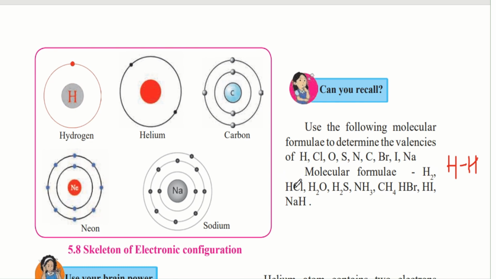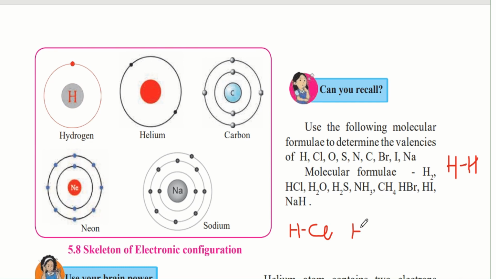Similarly, here they have shown HCl. This is hydrochloric acid. Here one hydrogen has a bond with one chlorine atom. So this tells us that the valency of hydrogen is 1 and the valency of chlorine is also 1. The next example is H2O. H2O is nothing but water.